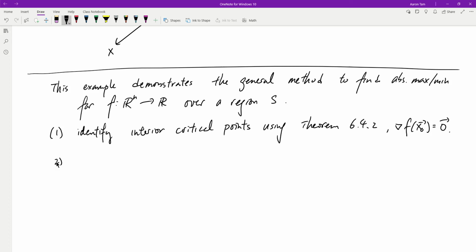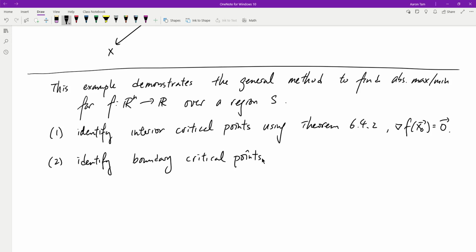So, two, identify boundary critical points. Make sure you understand that boundary critical points are different from interior critical points.